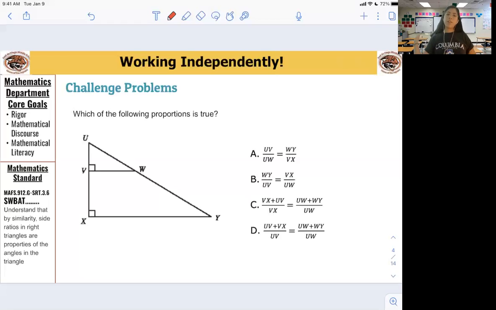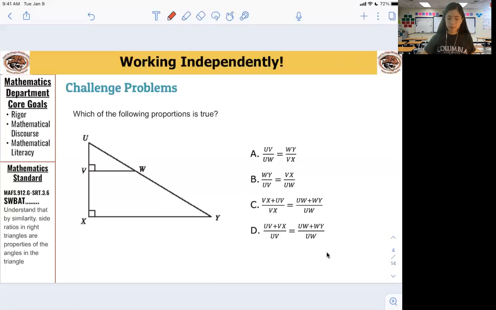So if you haven't answered it, again, if you don't know, guess. I prefer that. So 10, 9, 8, 7, 6, 5, 4, 3, 2, and 1.